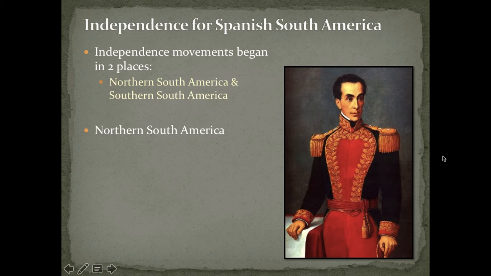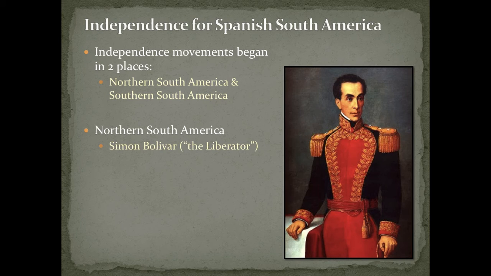He is highly inspired by the Enlightenment. He's an idealist. And of all of the different revolutionary thinkers, he's the most liberal, I would say. And he had this grand vision of what an independent South America would look like. Simón Bolívar, he was from Venezuela, a Creole, quality background in terms of wealth and education.